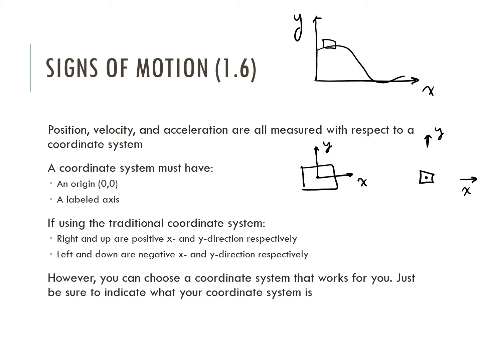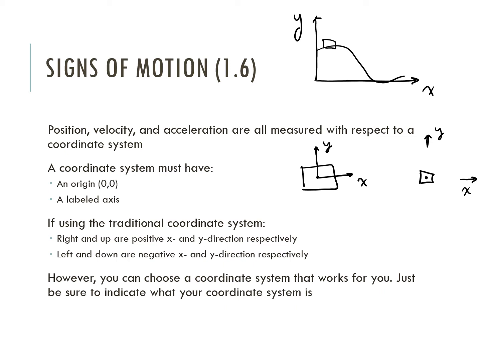So, this is the standard coordinate system. You are an adult. You can choose a different coordinate system if you want to. If you always want your object moving in Z because you really like writing out Z's, that's perfectly fine. Just draw a coordinate system and say, I'm moving in Z. So you can choose the coordinate system you want to use.